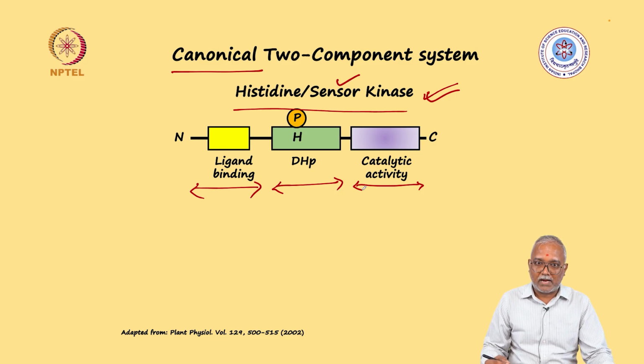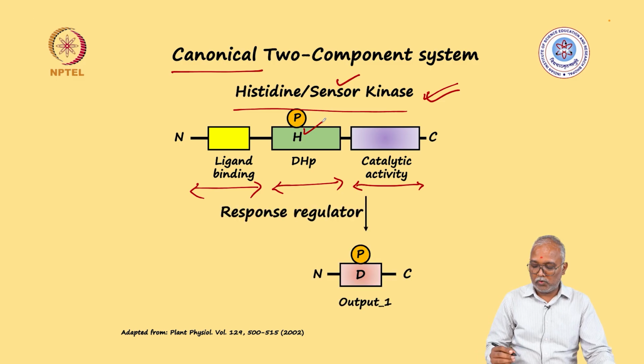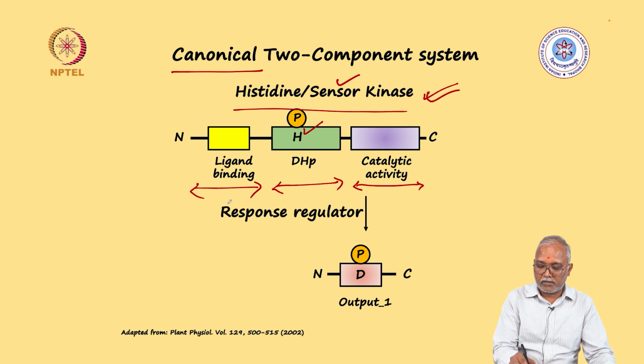This catalytic activity is nothing but the kinase activity which uses this histidine residue in this DHP domain and phosphorylates it utilizing an ATP molecule. So when this receptor binds to a signal, it starts to communicate inside through the response regulator, the other component of the signaling.